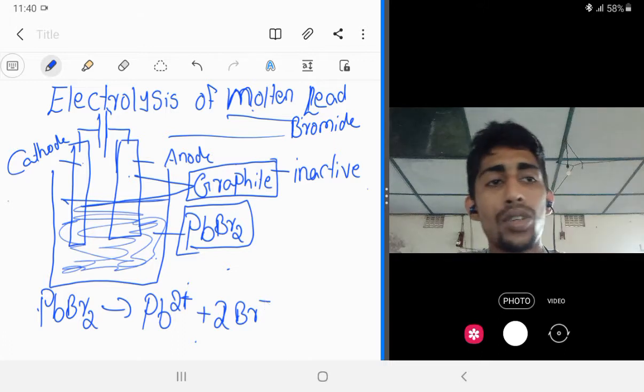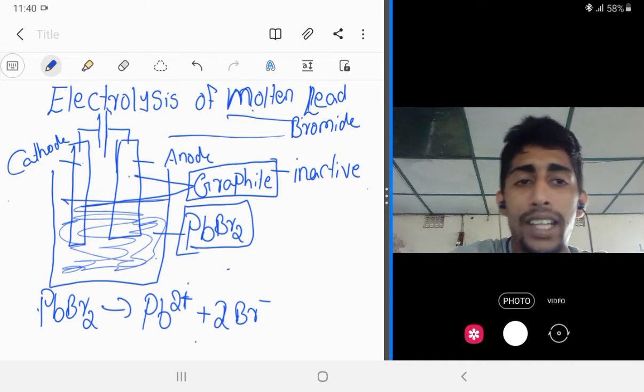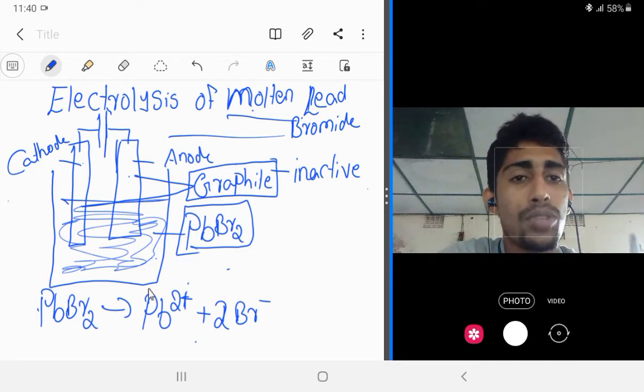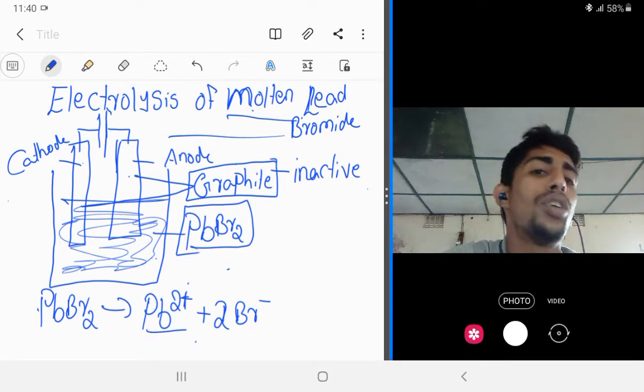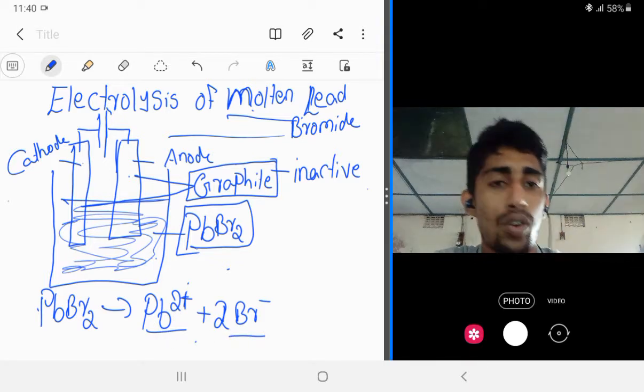As a result we get lead ions and bromine ions. So two types of ions are there: positively charged lead cation and negatively charged bromine ion.